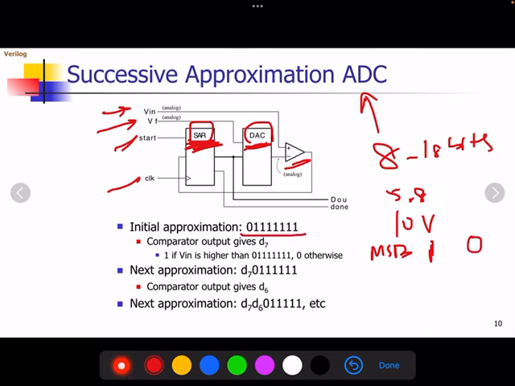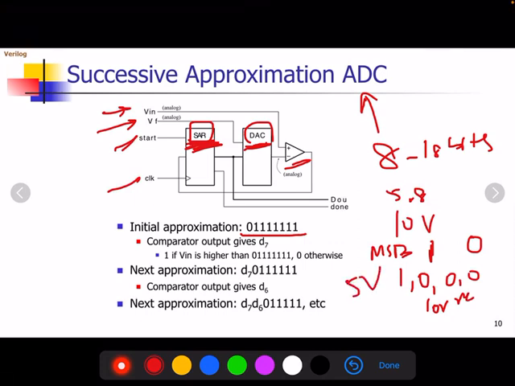Likewise what you can see over there: 1000, that means with 10 volts as a reference voltage, it is going to produce 5 volts, which is half of the reference voltage.